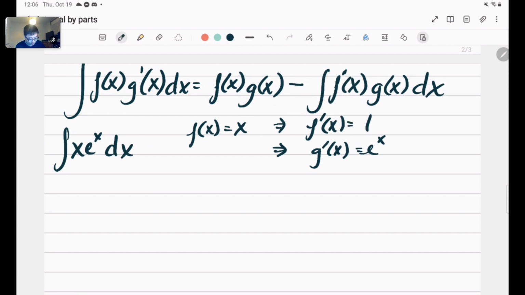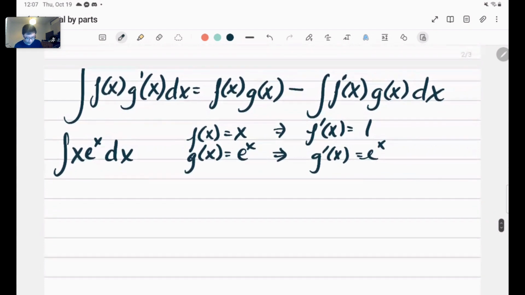And of course, g of x is just the integration of g prime of x, e to the power of x, and that integration is just equal to itself. So g of x is equal to e to the power of x. And that's it.